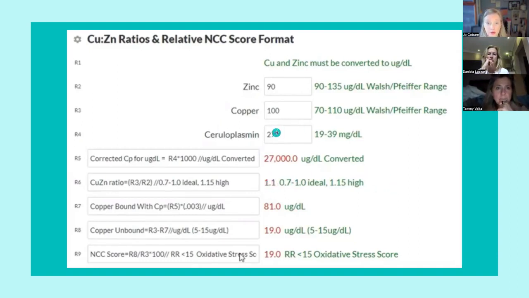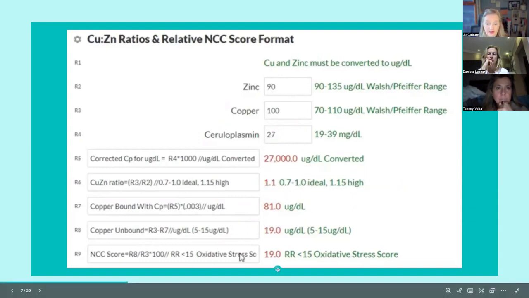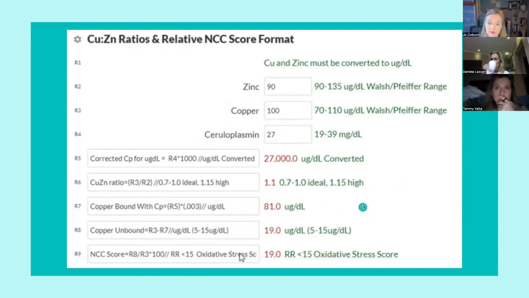But without the ceruloplasmin, you have no idea how much of that copper is bound. So in this person, the amount of available usable copper that they have is 81. It's not 100. That's not available to them. So then put that in the ratio, right? Think about now 81 to 90.